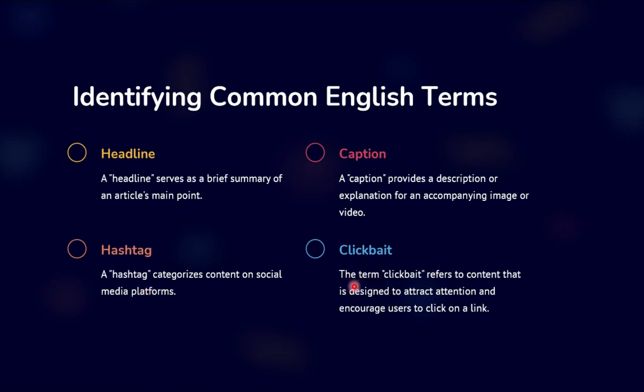And finally, we have clickbait. Of course, in the second subject, inshallah, we will be able to see so many terms in media, okay. And in this subject, we will inshallah only identify and categorize the meaning of terminology and how we use terminology in terms of media. So the term clickbait refers to content that is designed to attract attention and encourage users to click on a link.